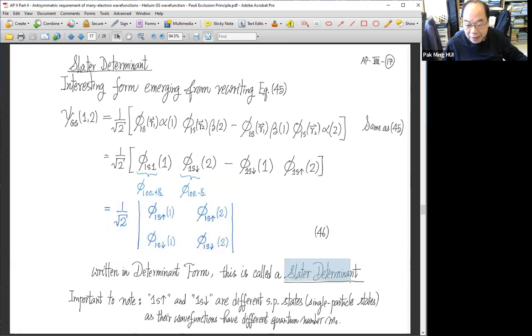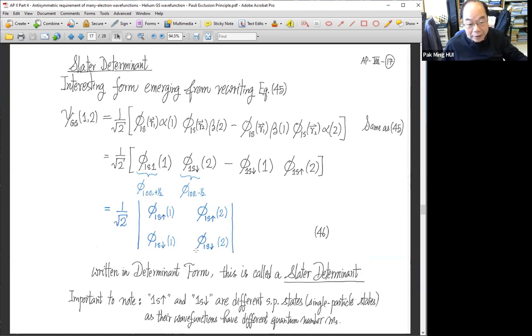This is called the Slater determinant after John Slater, who was the MIT head of department for 20 years, 1930 to 1950 or so, and built up MIT's reputation as we know it now. And he wrote a lot of quantum theory of atoms, quantum theory of molecules, quantum theory of matter, solid. It means several sets of textbooks. They are very good, okay?